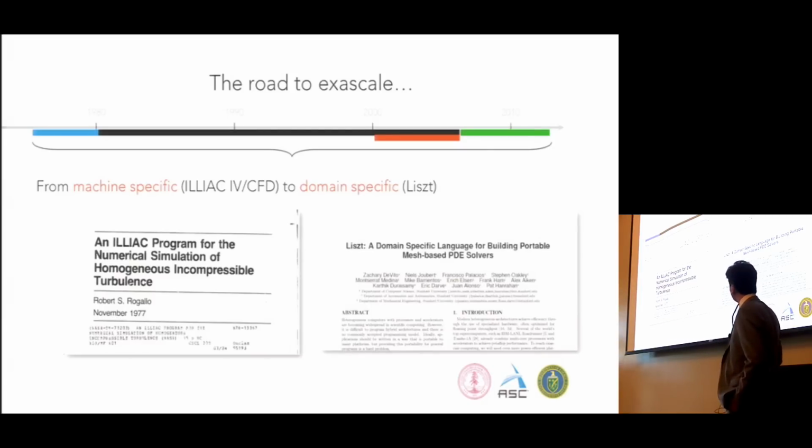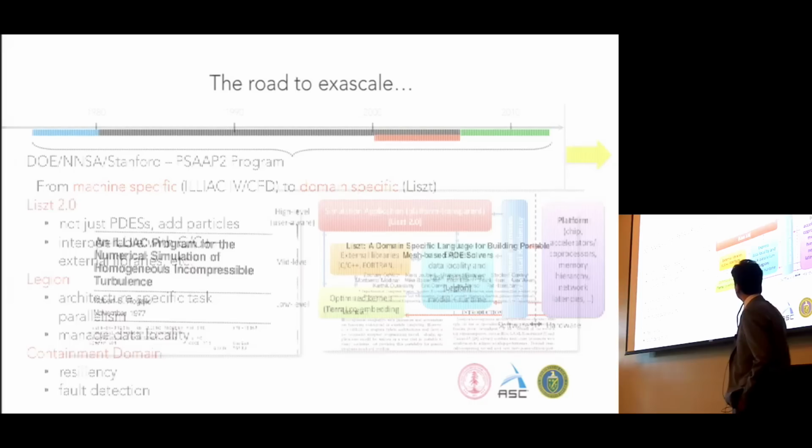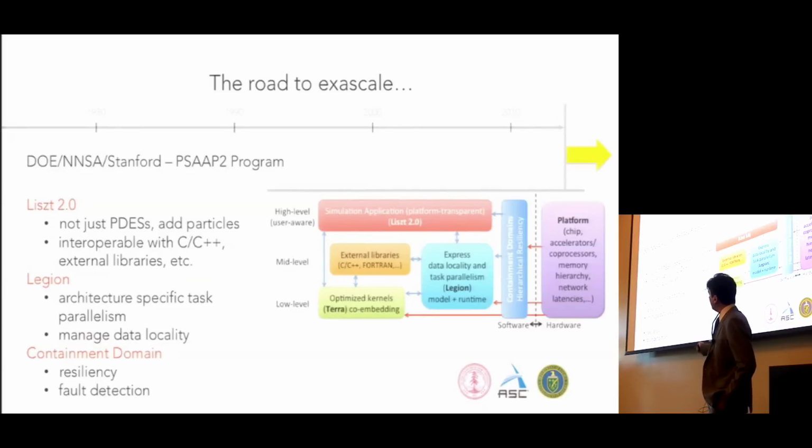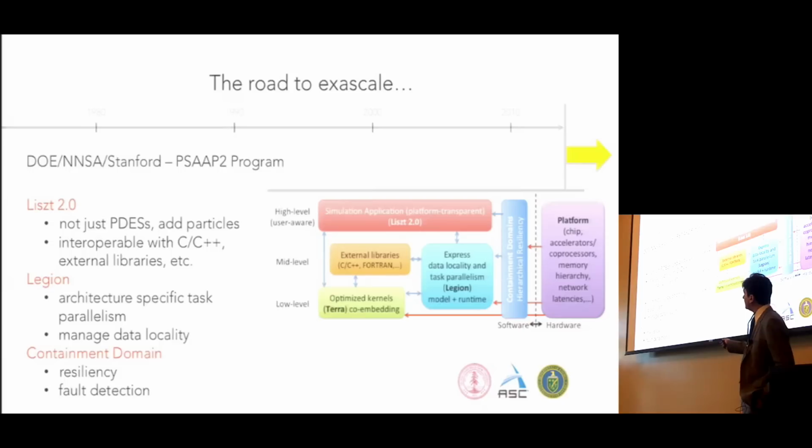We hope that Liszt will be able to spin off similar ideas. And in fact, in PSAAP 2, which is just starting, there are three components of our exascale effort. The first is the 2.0 version of Liszt, which is not just PDE, but adds additional physics components, and also interoperability to be able to access additional libraries and so on.